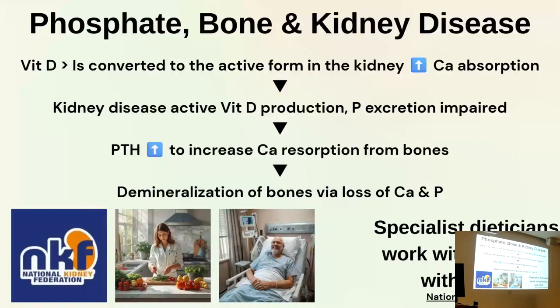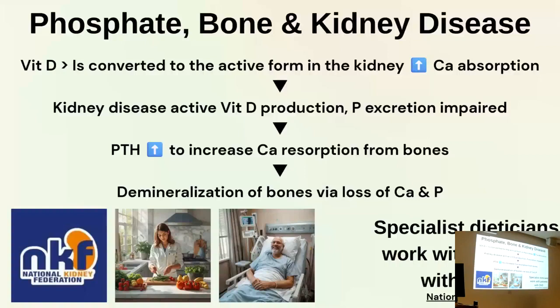We're seeing issues with the renal retention of phosphate and calcium, so they don't function properly, but we're also seeing issues with the conversion of vitamin D into the active form. So we see a reduction in calcium absorption as a result, and we might also see a reduction in phosphate excretion at the same time. So these things can build up in our body.